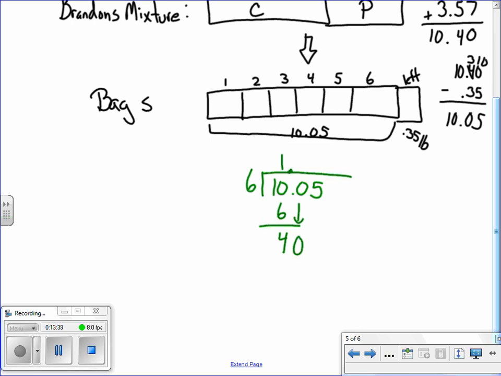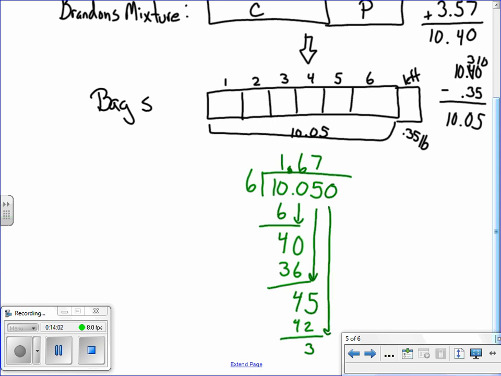Don't forget that decimal point. 6 goes into 40 6 times, which is 36. Left over 4. Bring down the 5. 6 times 7 is 42. 5 minus 2 is 3. Got to add another 0. 6 times 5 is 30.